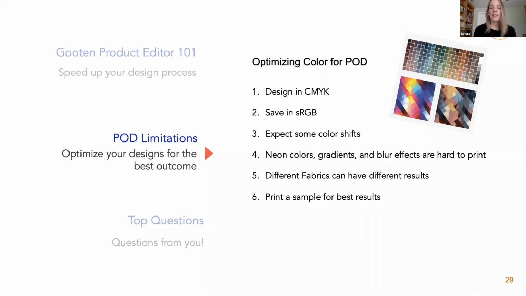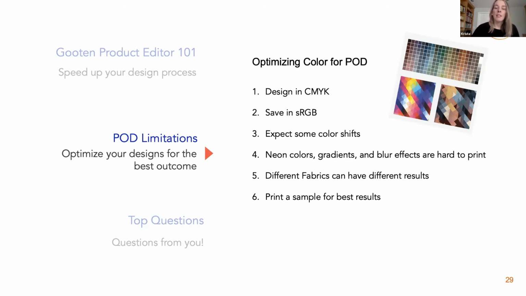The reason for that is that RGB has color ranges that are outside of what's normal for a printer to print. Like neons, you can see on screen, but they don't really translate to a printer which has cyan, magenta, yellow, and black inks. So that's usually a good way of making sure that the colors you're utilizing in your design are going to print as expected.